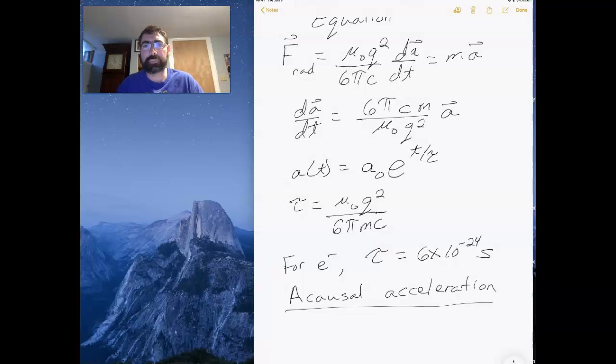There is this time where the particle begins to accelerate, in a time constant of 10 to the minus 24 seconds, before that force is actually applied to it. So that seems unsettling, and so there must be some sort of physics underlying this that we don't quite know yet, and we'll have to investigate further.